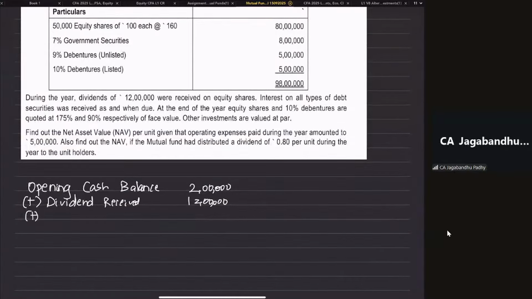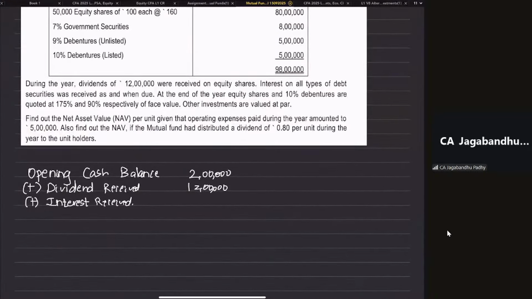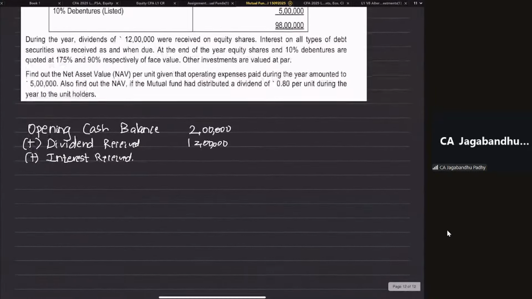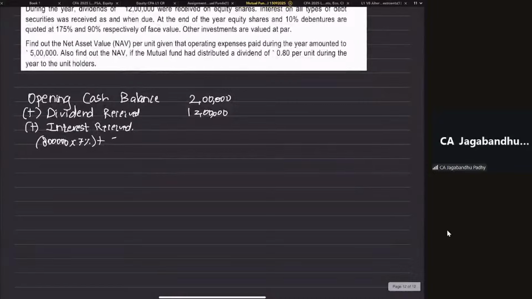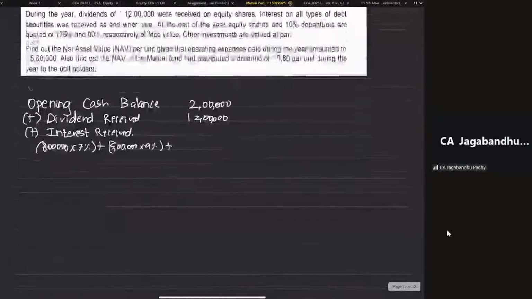So add interest received. We would have received interest 8 lakh into 7%, plus 5 lakh into 9%, plus 5 lakh into 10%.